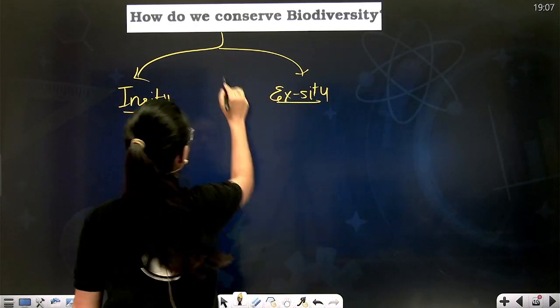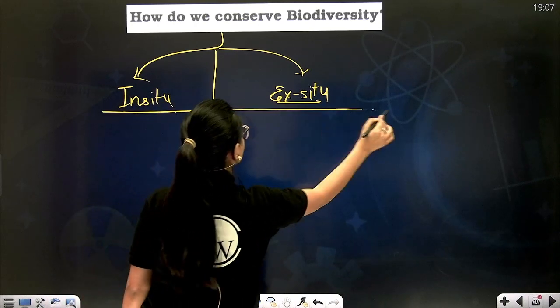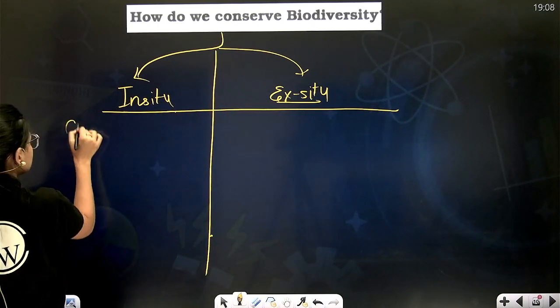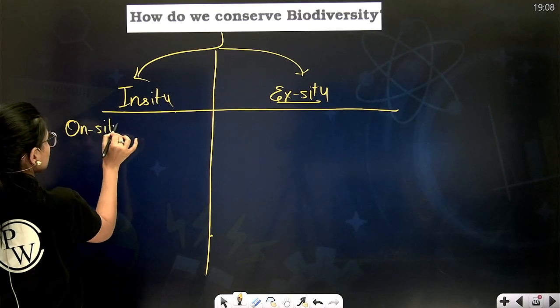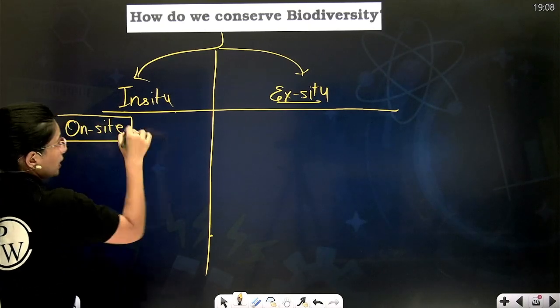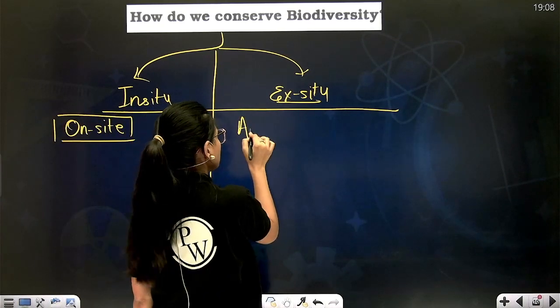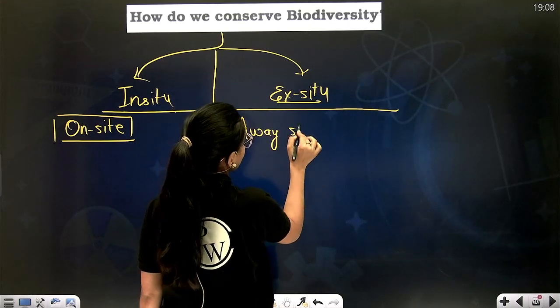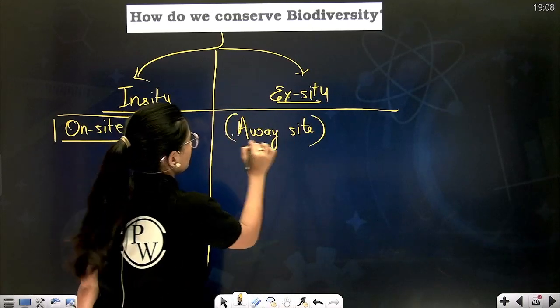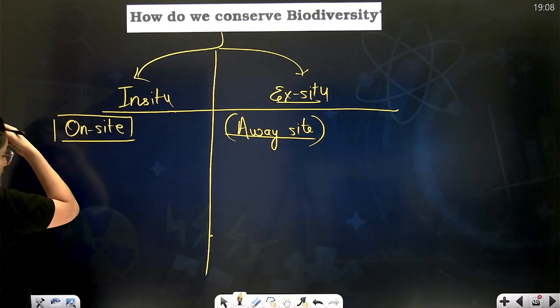So what are the two methods of conservation? In situ. In situ means on-site conservation. Ex situ means away from the site conservation. Now, what is in situ?